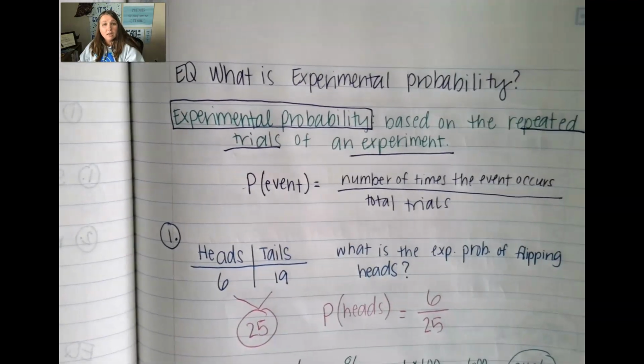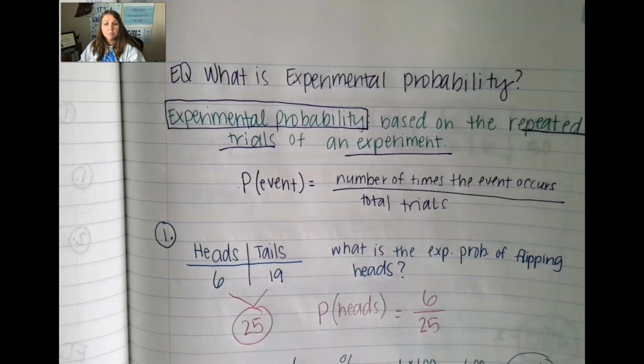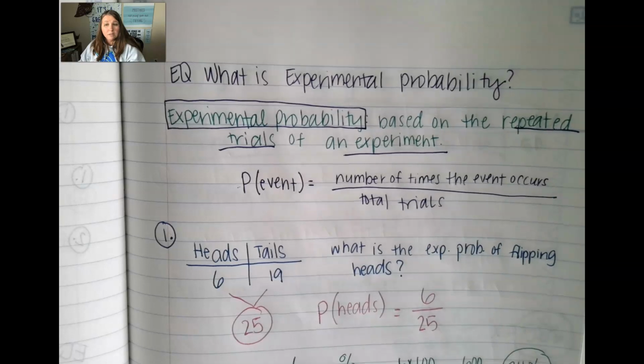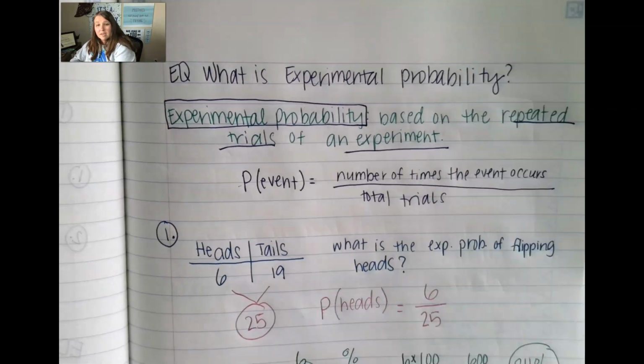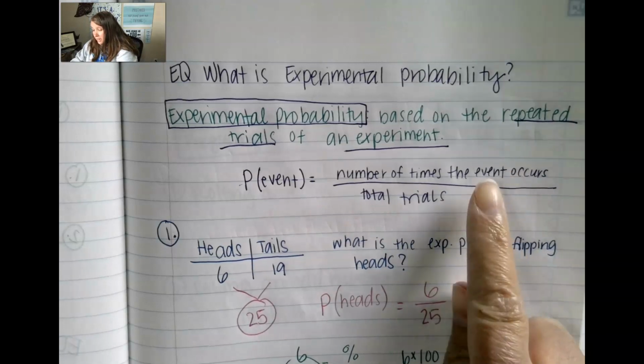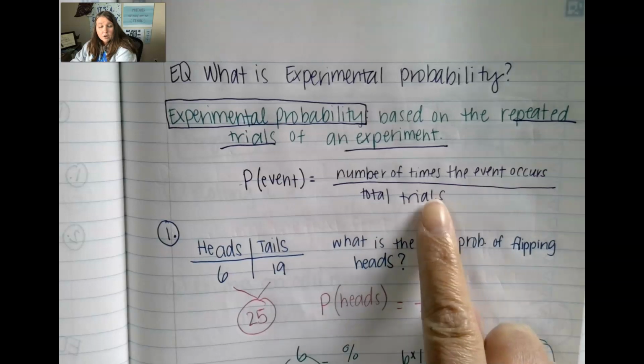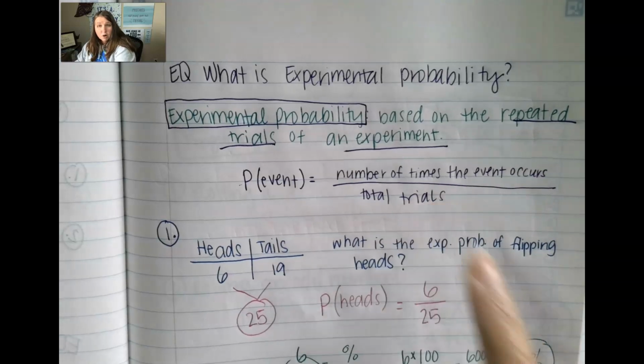Yesterday in our last lesson, we looked at experimental probability being based on repeated trials of an experiment, where the event was a fraction that we created with the number of times the event occurs over the total trials.